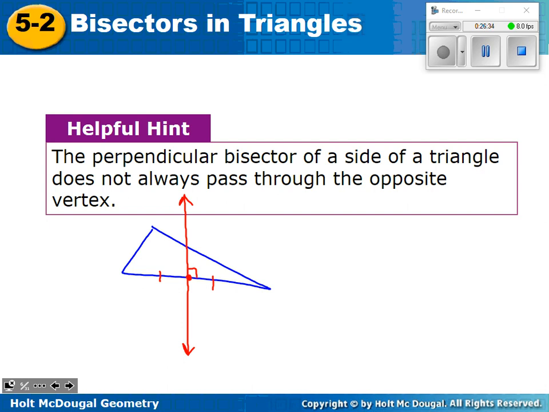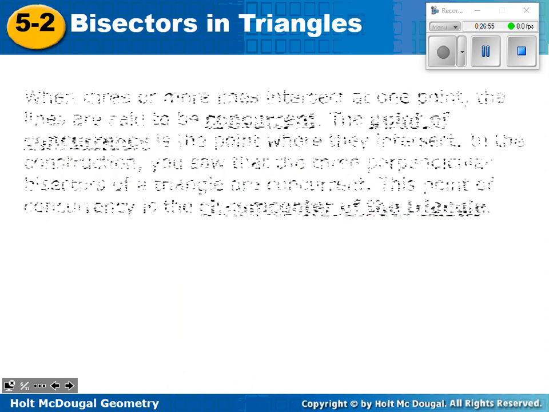If it's an equilateral, equiangular triangle, then it's going to go through the vertex. But if it's not, it won't. Unless it's isosceles, that would too. Okay, so just be careful. Perpendicular bisector does not always pass through the opposite vertex. It can, but it does not have to. It has to be perpendicular and it has to bisect.